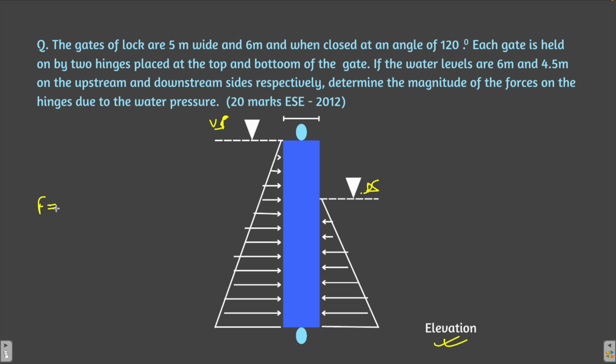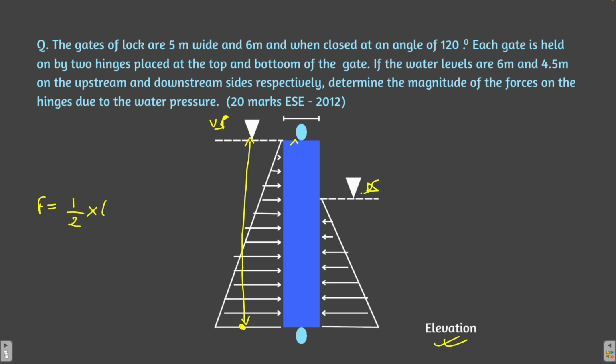So force will be how much? Force is stress into area, right? Total stress will be the area of this triangle, half into base into height. Base is how much? Rho gh. What is h over here? H is the height of the water in the upstream side, so it is 6 meters.